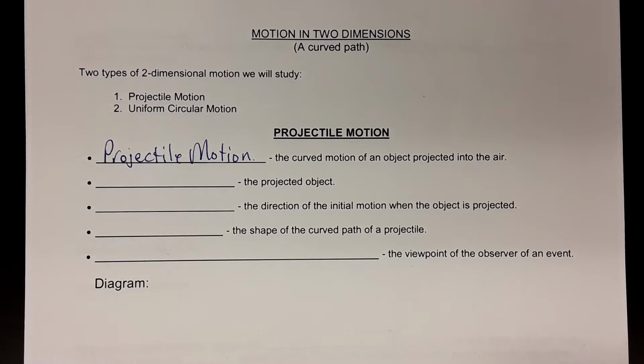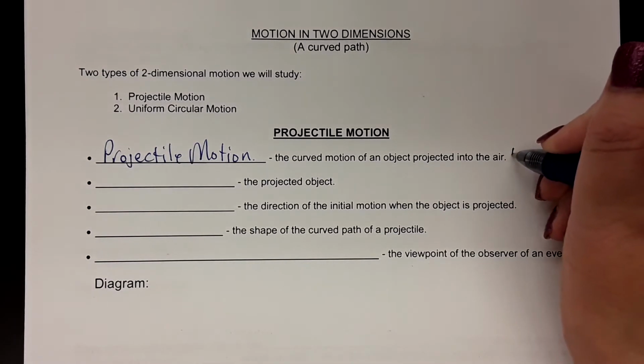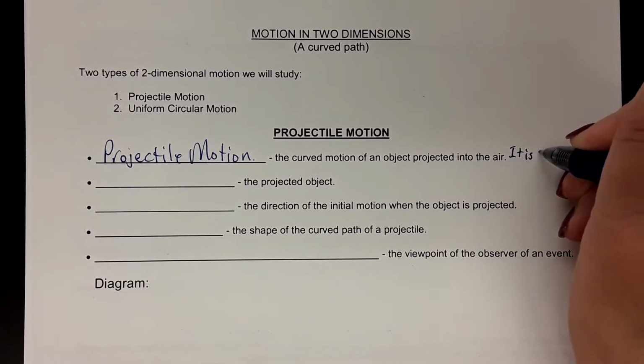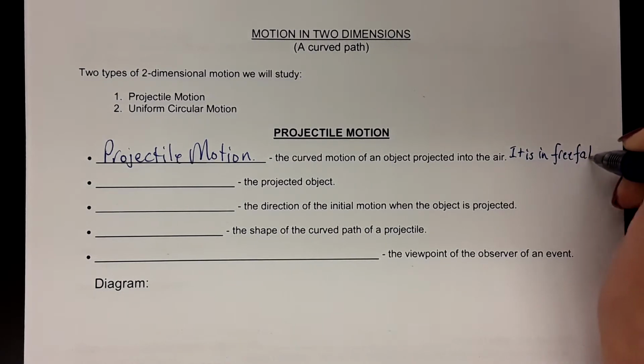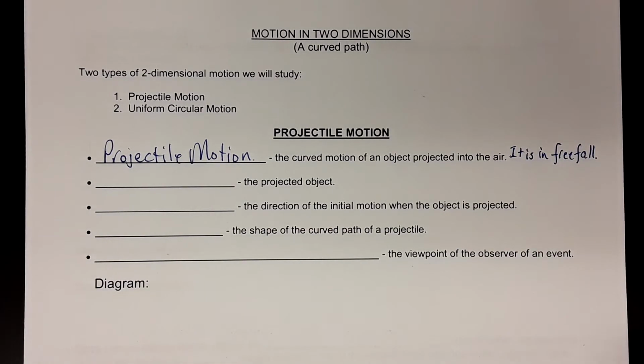One thing we have to understand about projectile motion is once the object is projected, it is in free fall the entire time. It doesn't matter if it also goes up as well as down.